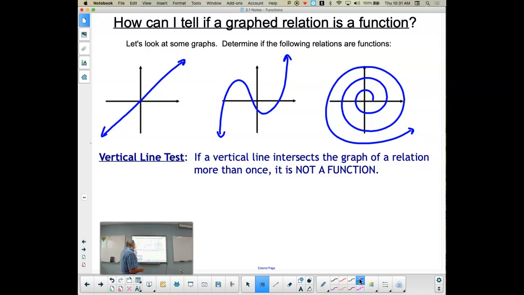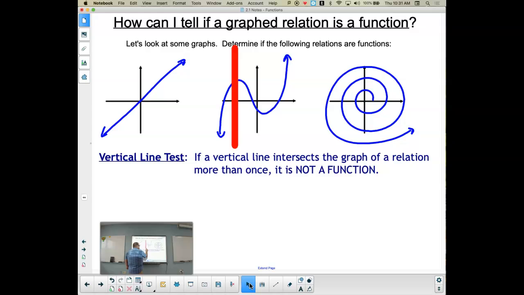You can take your hand and slide it across the graph. And what you're looking for is if that relation, that graph, ever touches this vertical line in more than one spot.